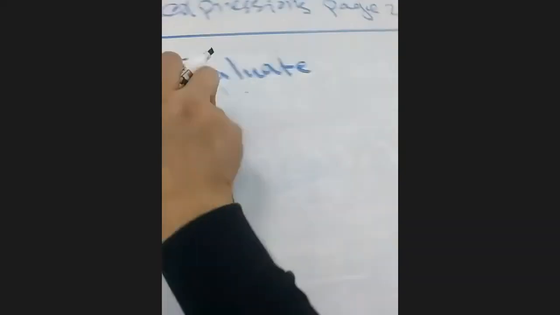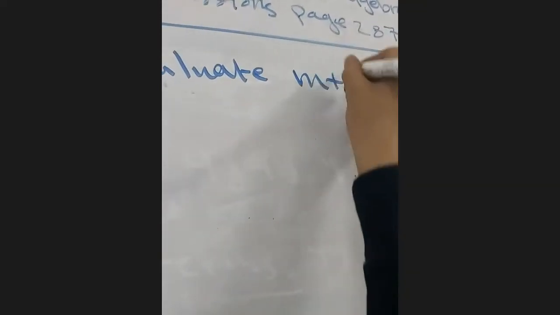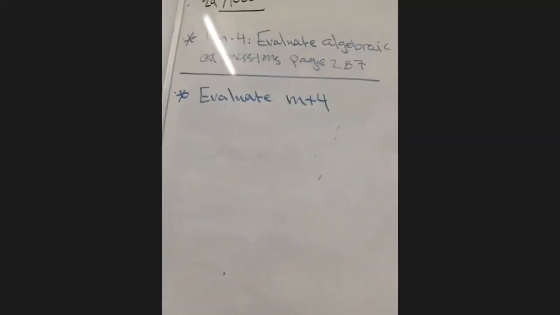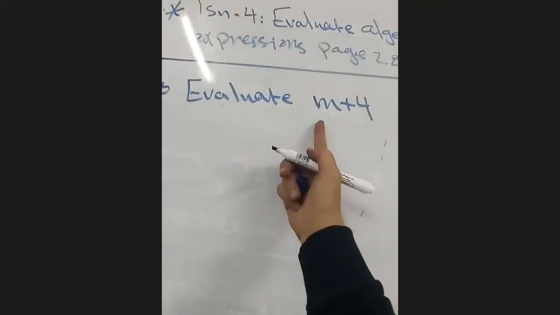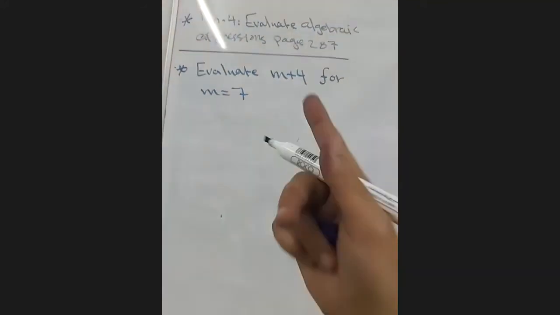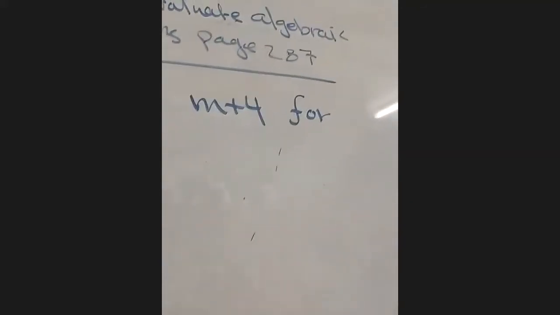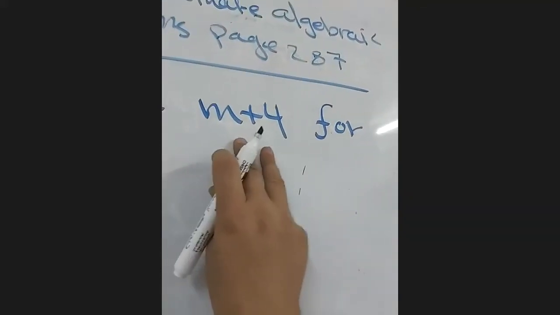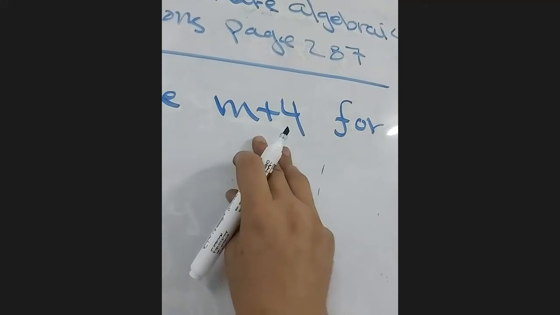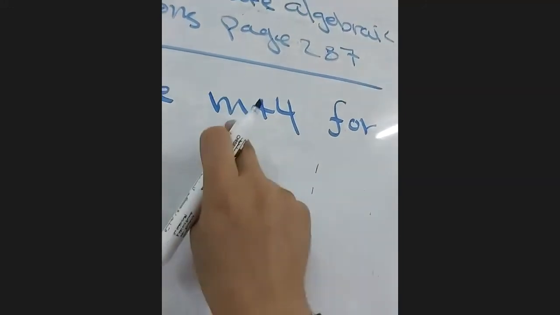Now, evaluate m plus 4. Do we know the value of m? No, it's an unknown value. But beside it, I will write m equals 7. So what's the difference between this lesson and the previous lesson? In the previous lesson, we wrote the algebraic expression and we stopped. We cannot evaluate it because we don't have the value of the variable.